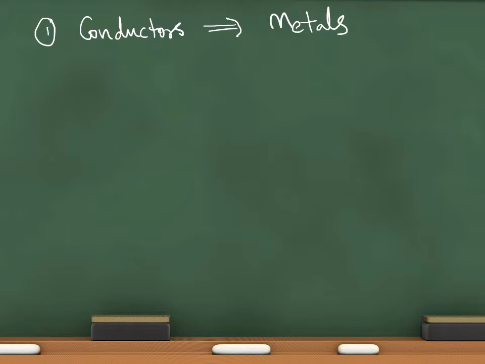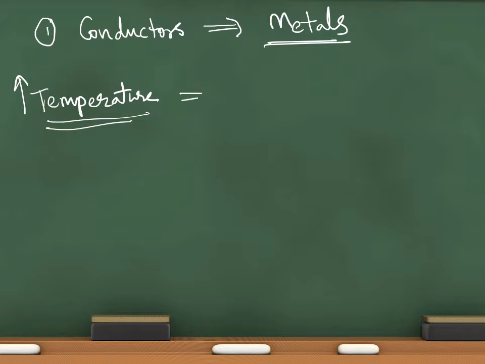First, I will consider the first case, conductors. Conductors will be most probably metals. As we already characterized, those will be almost all metals, right? In metals, due to the increase in temperature, what will happen? Increase in free electrons.